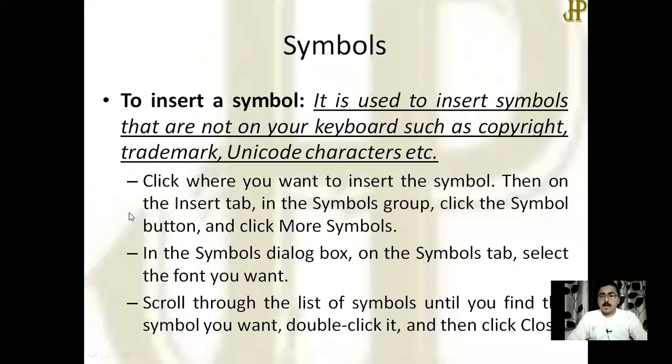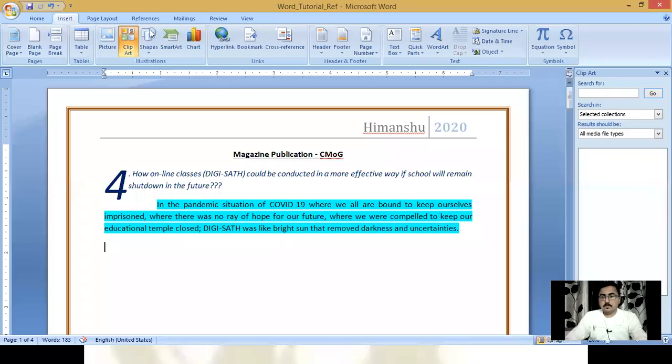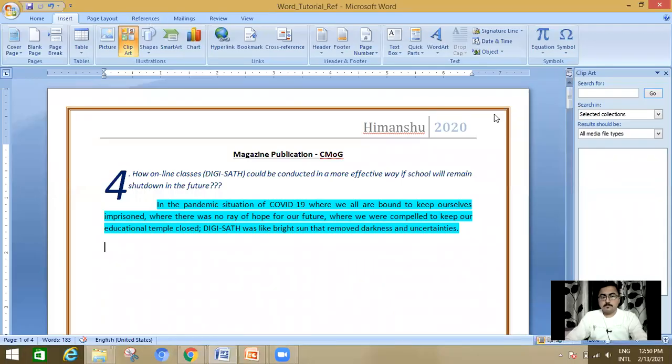Now, and at last, symbols have to be covered. As the name suggests, it is used to insert symbols that are not on your keyboard, such as copyright symbol, trademark symbol, Unicode characters, etc. For example, I want to insert a symbol.